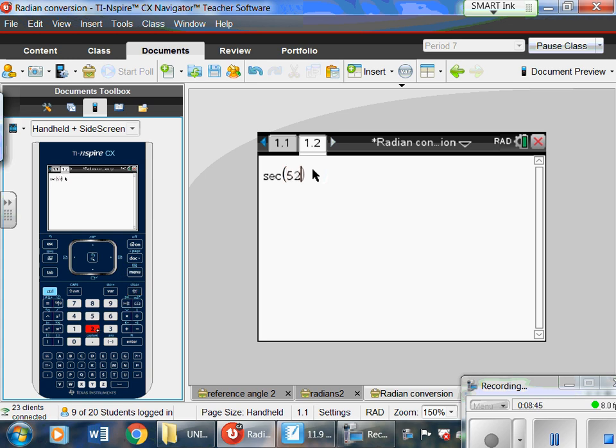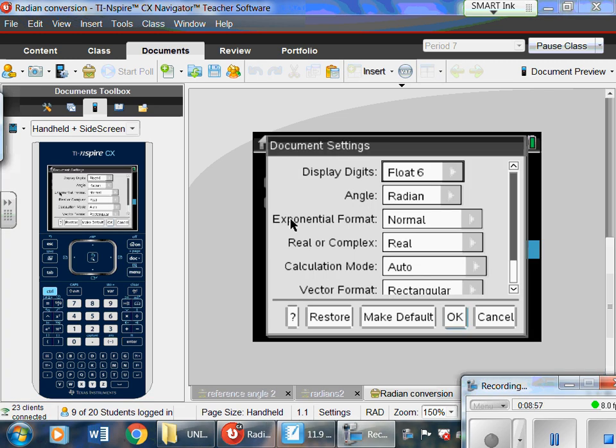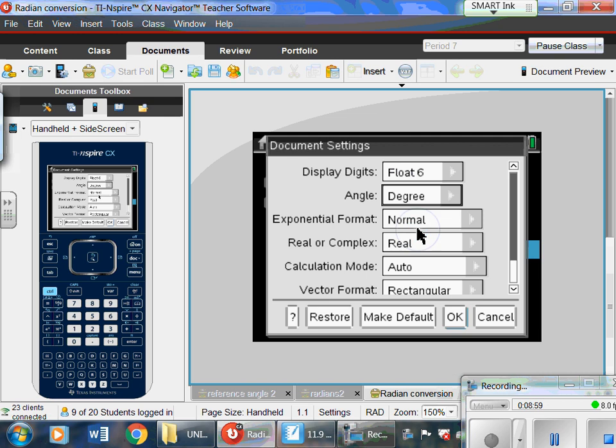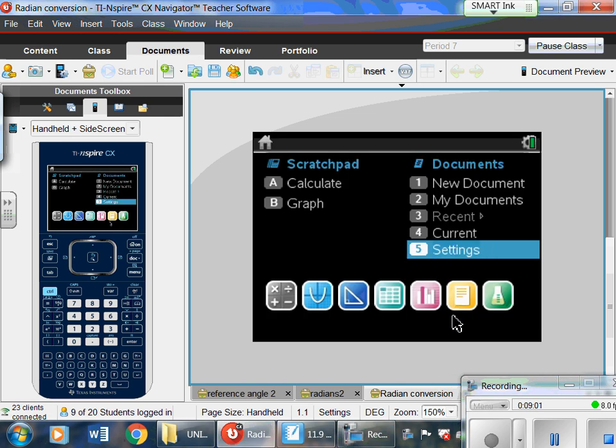Now I should make sure I'm in degree mode, but let's see if I get the right answer, and I don't, because I know that's definitely not the right answer. So I'm going to make sure I'm in degree mode, so hold on one second. Yep, I am in radians, so I'm going to change that to degrees. Okay, now I can go back to my home screen.